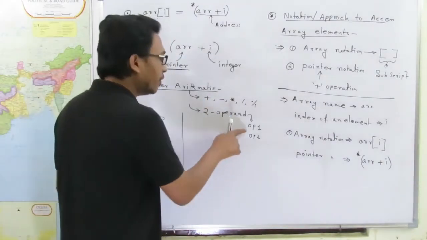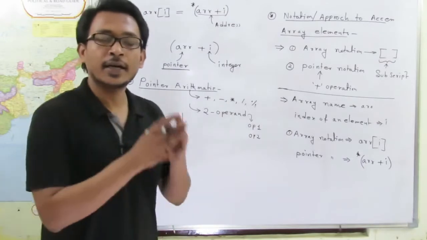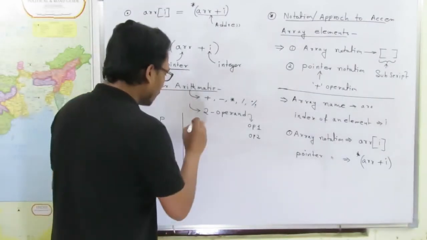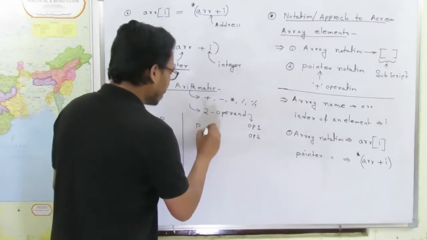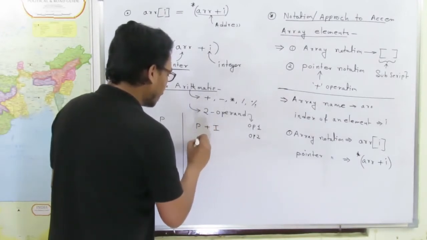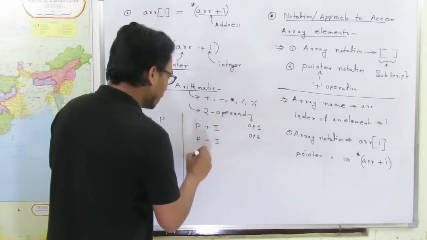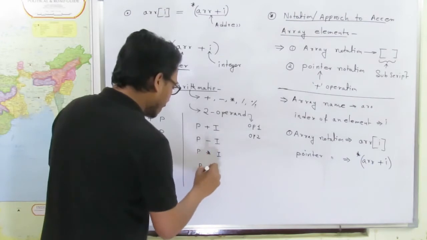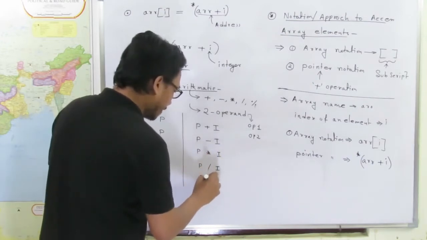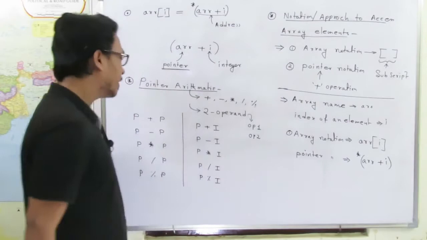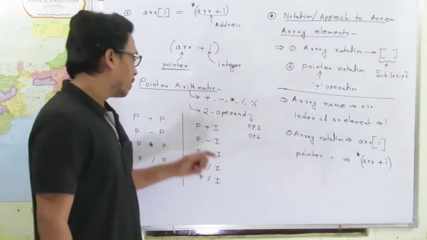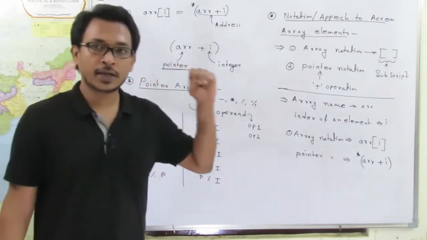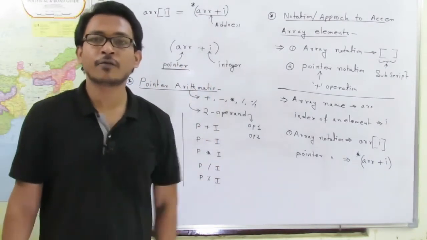The next part is where any one of these 2 operands is a pointer and the other one is an integer. Clear? So we can have pointer plus integer, pointer minus integer, pointer multiplication with integer, pointer divided by integer, pointer modulo integer. Clear? Here P is for pointer. All these combinations of operations we have in pointer arithmetic. Clear? But all of these are not valid operations.